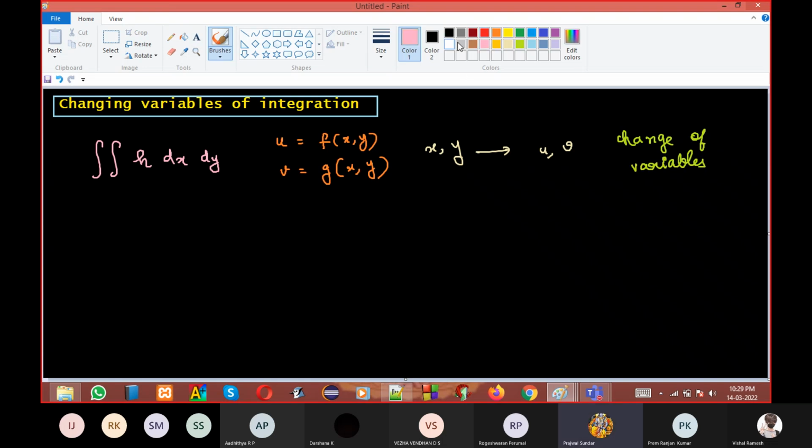Listen very carefully. You change the variables. The integral will transition carefully. When changing variables, you need to substitute the function that is given. You also need to substitute the dx dy.